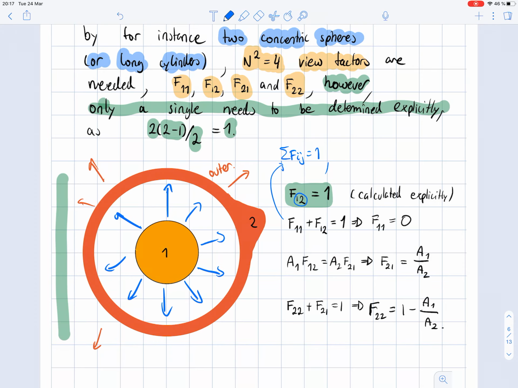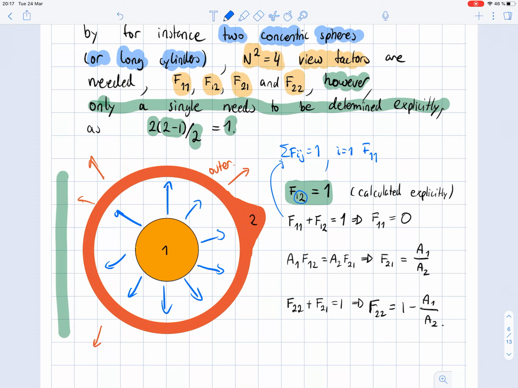Now if we choose i equal to 1, then we have F11 plus F12 equal to 1. And since we already know that F12 equals 1, then we get that F11 equals 0. This could have also been deduced from the fact that surface number 1 is convex. So it doesn't see itself.